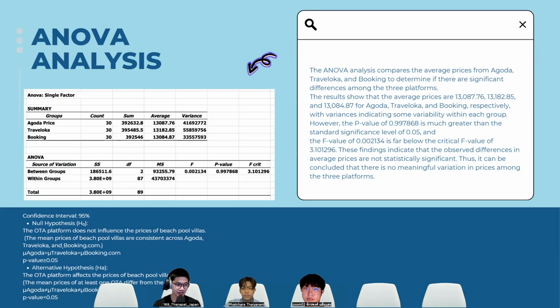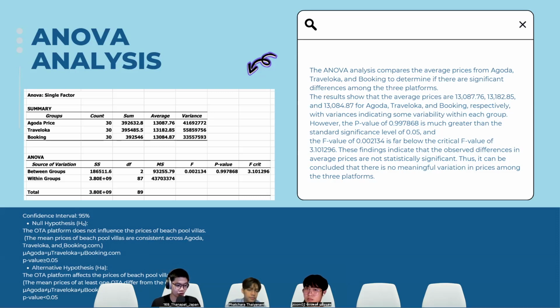So this is our ANOVA single factor result, which has a confidence level of 95%. The null hypothesis is that the OTA platform does not influence the prices of beach pool villas, or that the mean prices of beach pool villas are consistent across Agoda, Traveloka, and Booking.com.